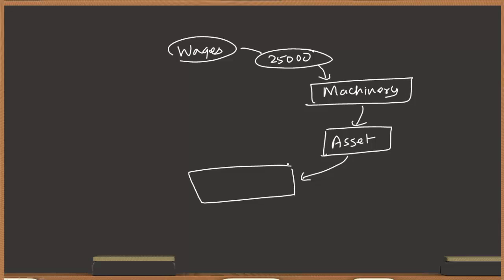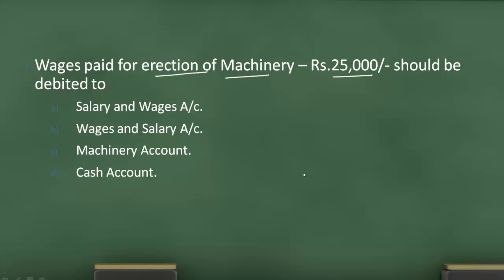So the company need not pass entry for wages to cash. It is sufficient if they pass entry for machinery account debit to cash of 25,000. So here which account is debited? The account that is debited here is machinery account. So let's go back to question. Wages paid for erection of machinery should be debited to machinery account. So the answer is C.